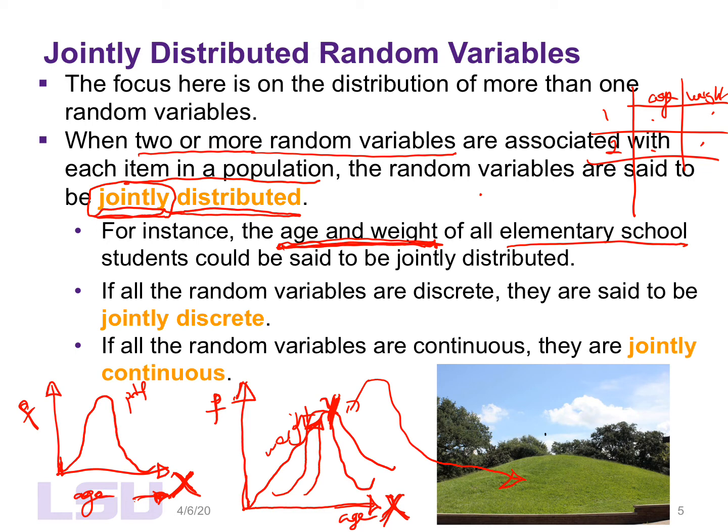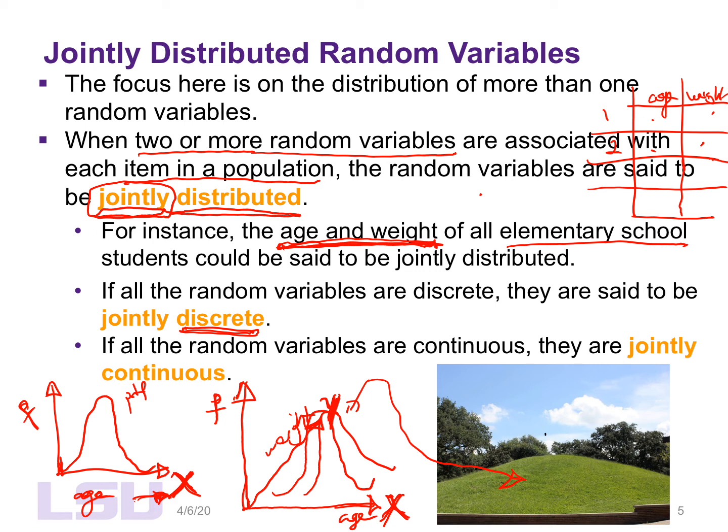If those variables are discrete, meaning if x and y are discrete, meaning they only assume integer values. So if you took the integer value of all the ages, so there cannot be 1 point something, no decimal fractions, and the weight is also taken as an integer, then that will be a jointly discrete distribution.